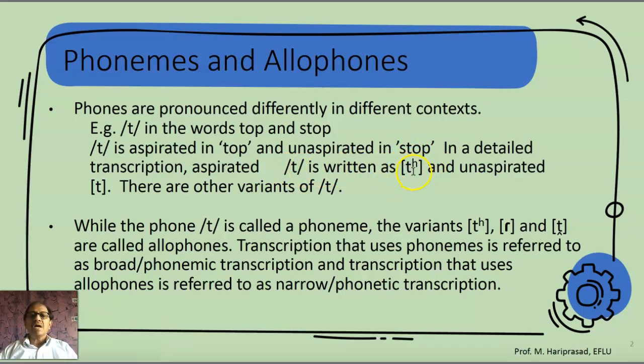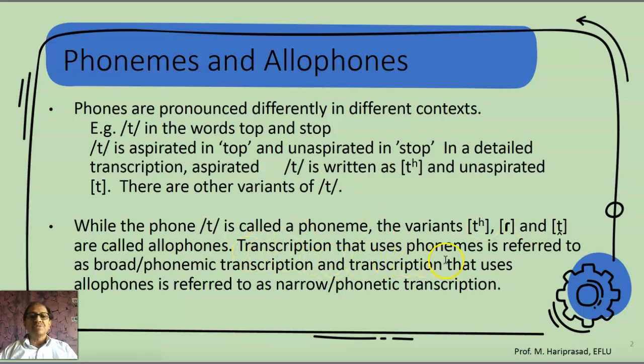So allophones are variants of a phoneme. So while the phone t is called a phoneme, the variants, aspirated t, or a flap, or a dental t, are called allophones.